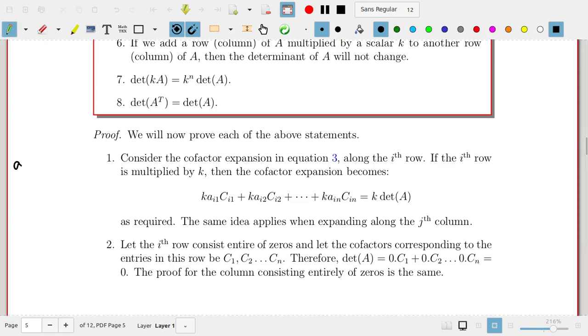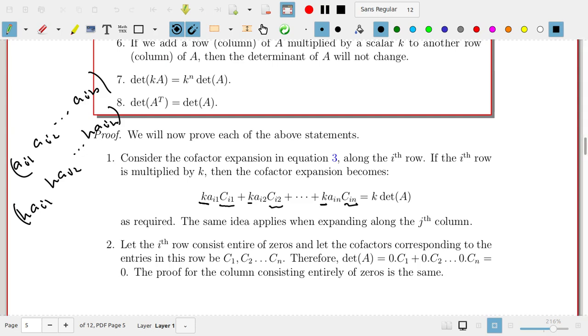You look at the ith row, AI1, AI2, and so on. You multiply this by k, so you end up with k AI1, k AI2. Notice that if I do a cofactor expansion, these C's are the same in the new matrix as they are in the old matrix, since the new matrix has only the ith row multiplied by k.